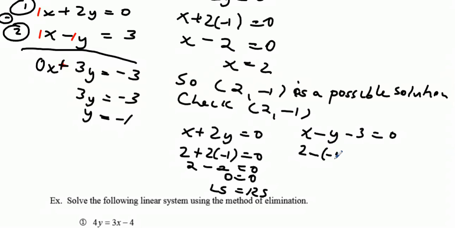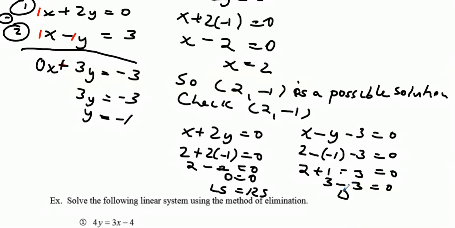So this is going to be 2 minus minus 1. And we can't have a minus minus beside each other. We either have to write it in brackets like this, or we change the minus minus to a plus. So this is really like 2 plus 1 minus 3 equals 0. 3 minus 3 equals 0, and 0 equals 0, so left side equals right side.